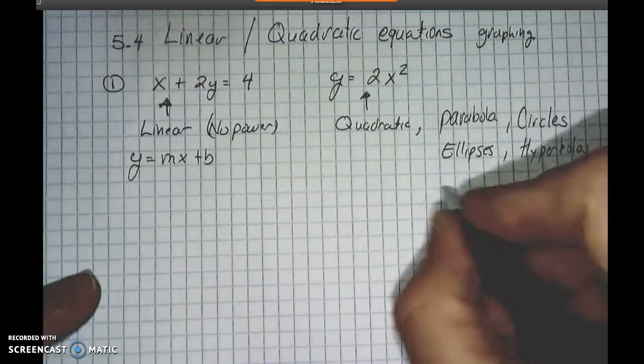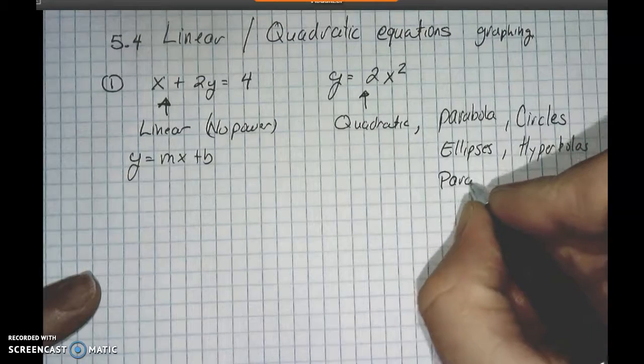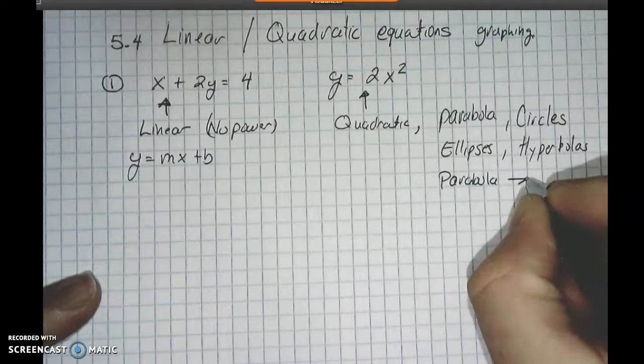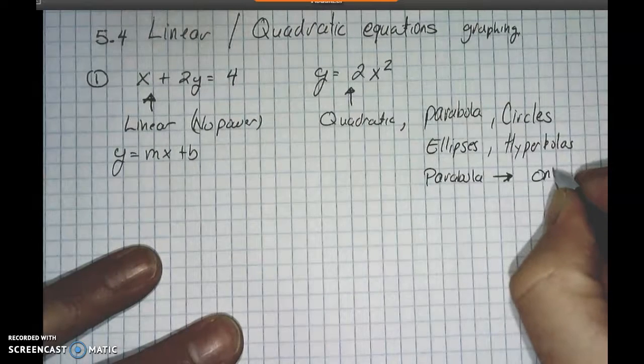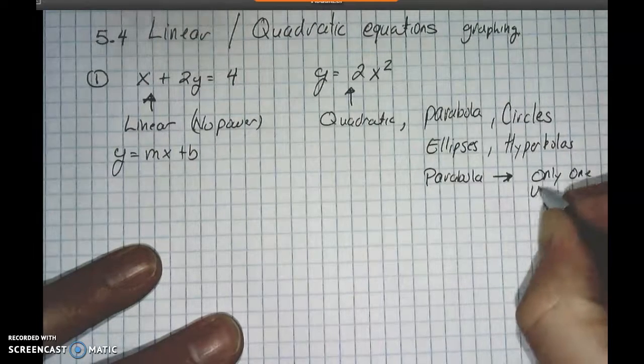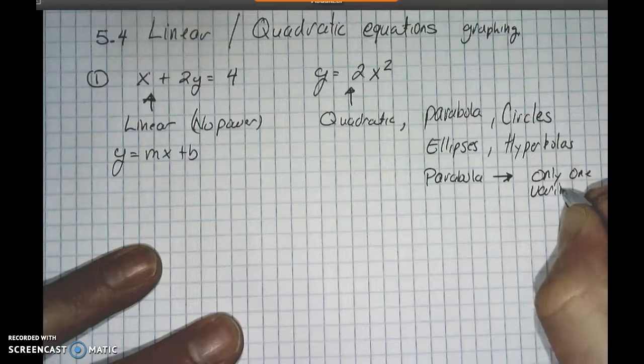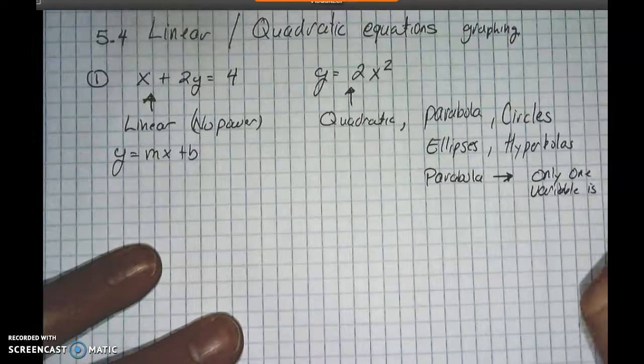I think what I'm going to do from what I learned yesterday is kind of break this down now. Quick and easy. How do I know that this is a parabola? Only one variable is squared.